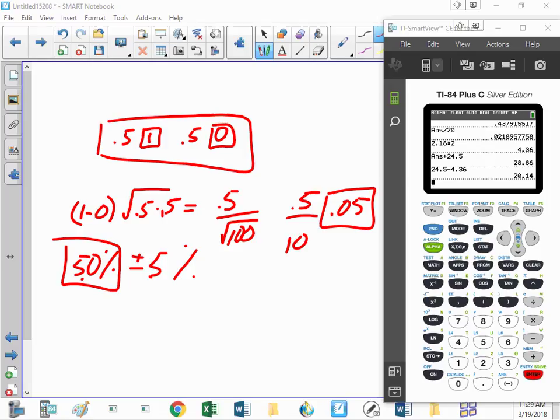No. Because they could be way off, right? One of them could be here, and the next one could be there. So no, it doesn't predict future samples. It only predicts the box.